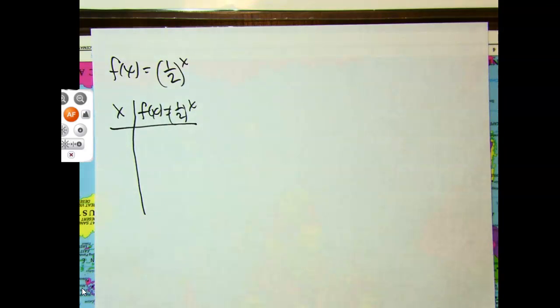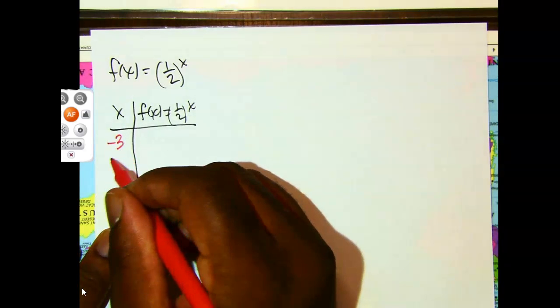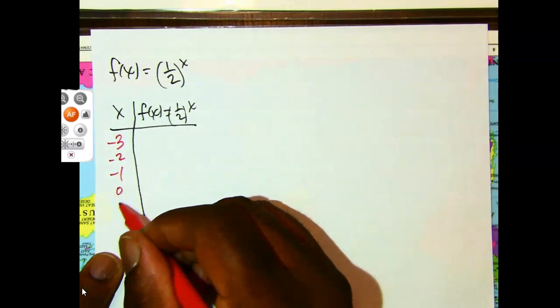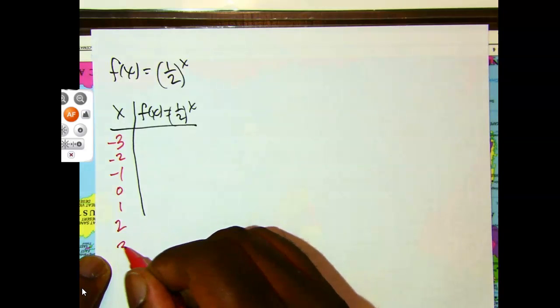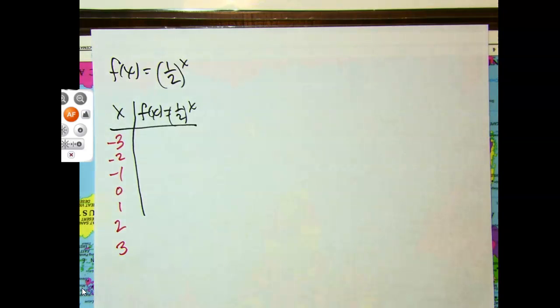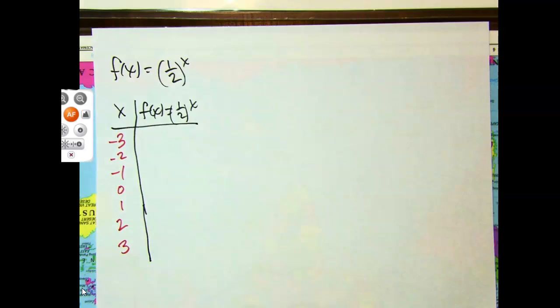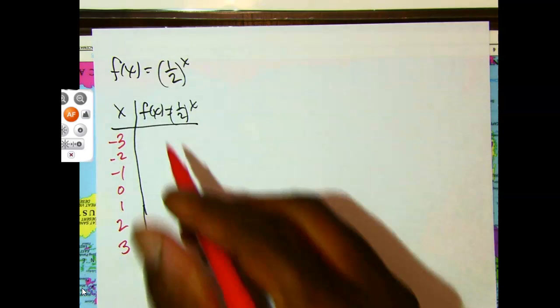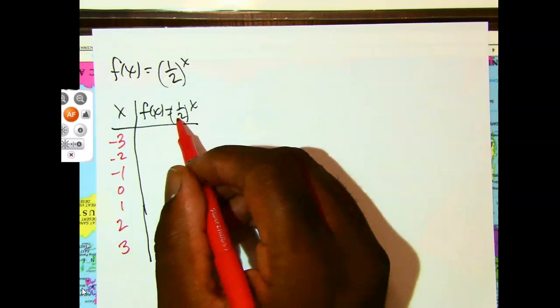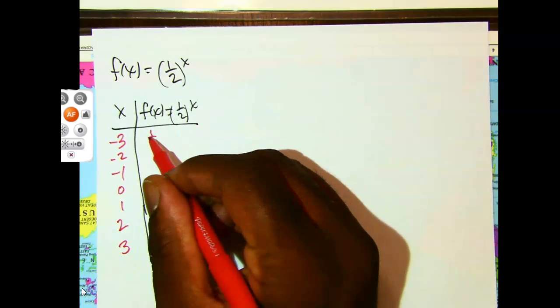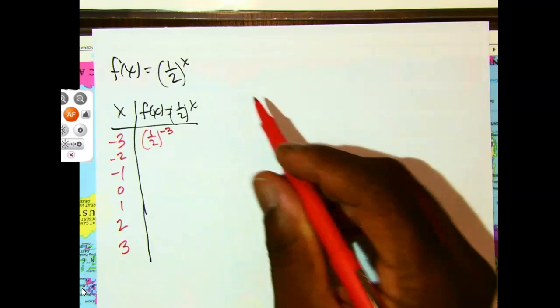Okay, we'll still go with -3, -2, -1, 0, 1, 2, and 3. So here, when x is equal to -3, f of -3 is going to be 1/2 to the -3rd power.